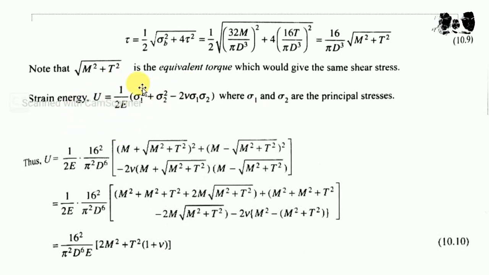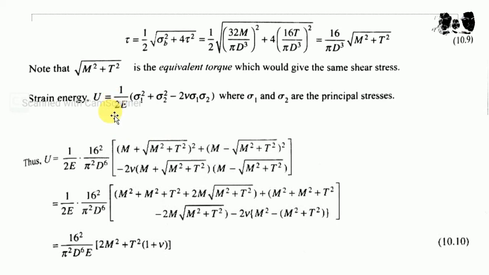We can also find the shear strain energy, which can be deduced by this formula, denoted by U equal to 1 upon 2E into sigma 1 square plus sigma 2 square minus 2 nu sigma 1 sigma 2, where nu is the Poisson's ratio. This is a different topic of strain energy.